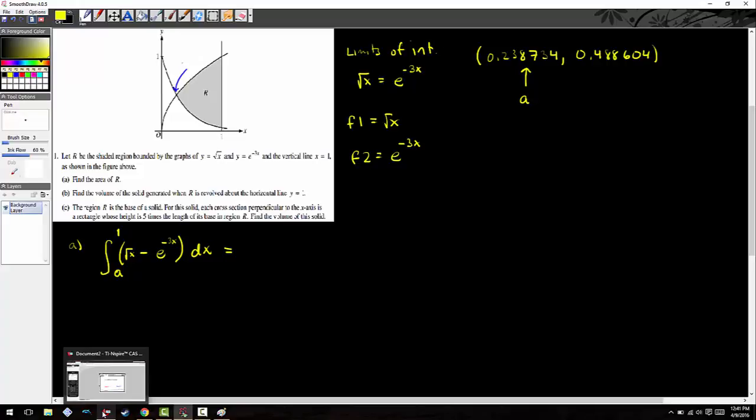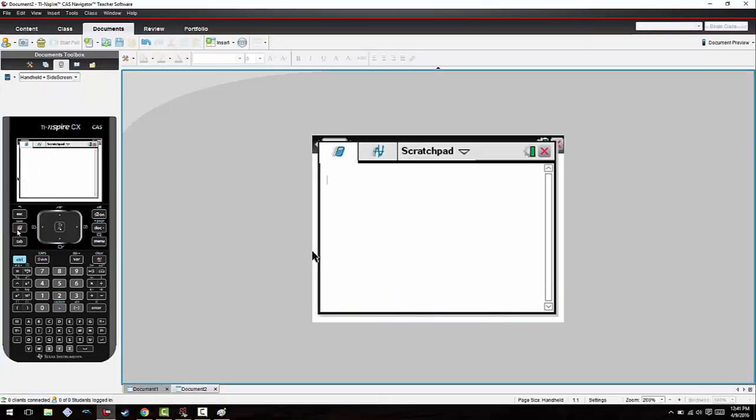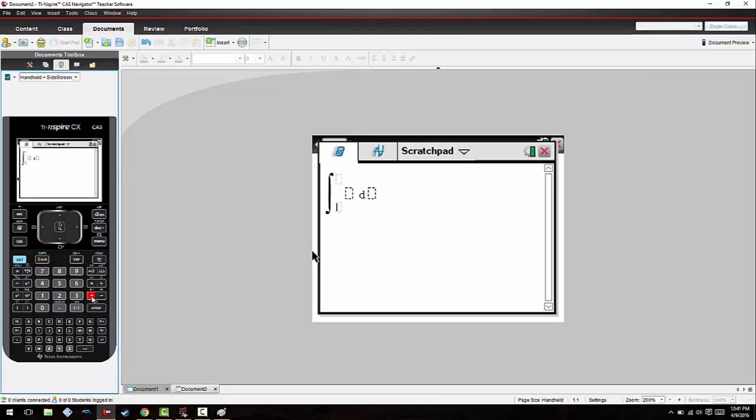So let's go ahead and find out what that is. I'm going to go back to this screen, and remember the shortcut for integration on a definite integral is Shift plus the integral key. Now I don't get the option of a this time, so I'm going to have to muscle this one out. 0.238734 all the way to 1, and now I am going to go from, whoopsie, wrong button.